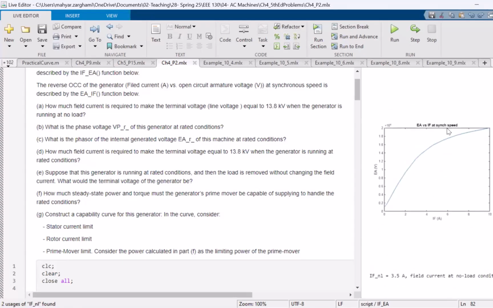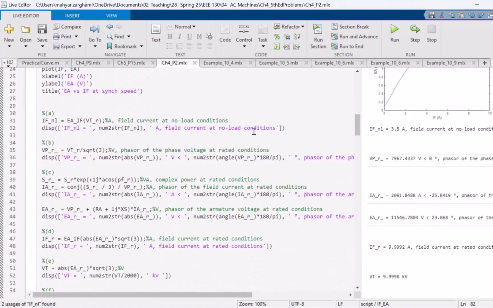This is the OCC, which, if you give it IF, gives you basically the EA. Through this, you can go through a specific IF to see what EA you receive. But the reverse of that would be when you call the EA-IF function. So you give it the terminal voltage under rated conditions, and you read the IF. That's all it needs.